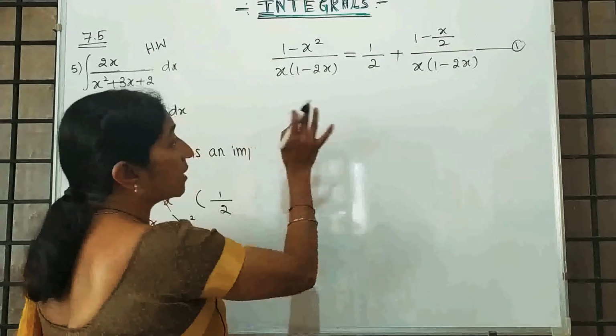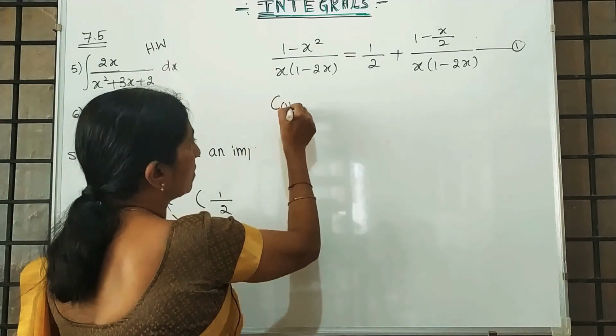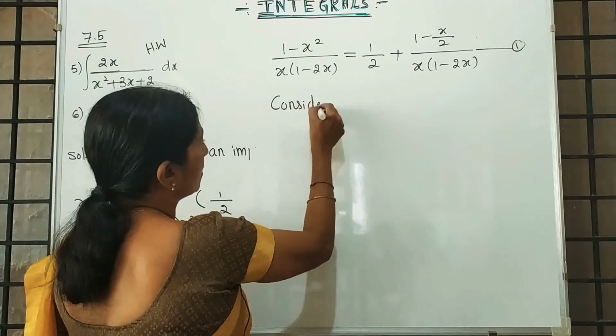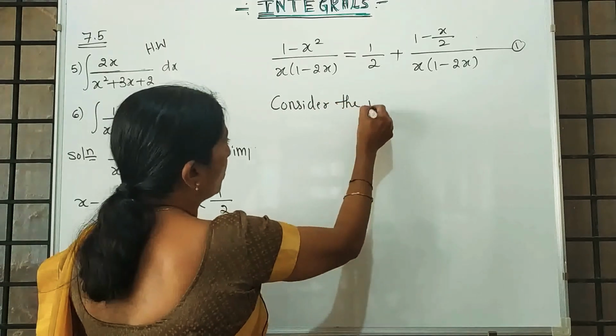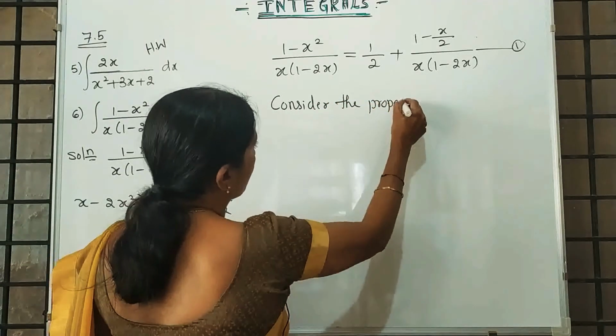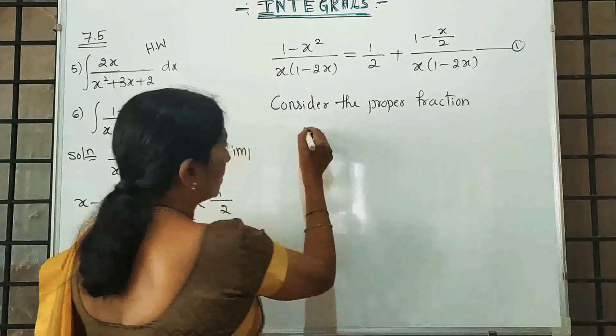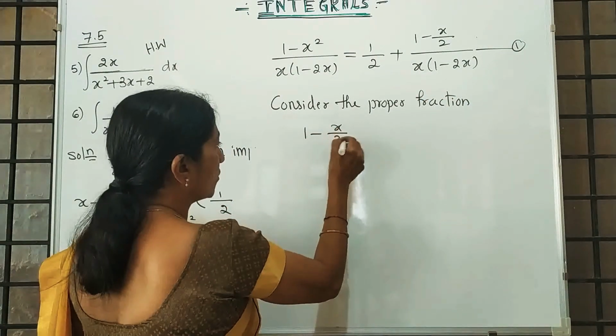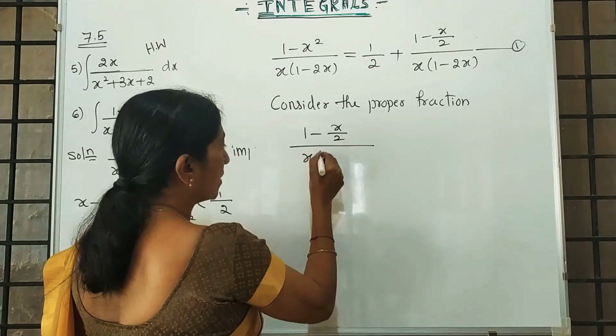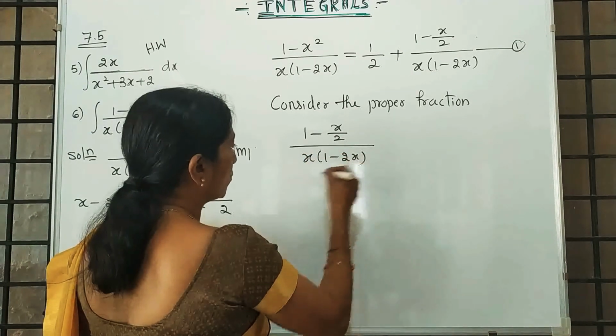In that, consider only the proper fraction. It is 1 minus x by 2 divided by x into 1 minus 2x.